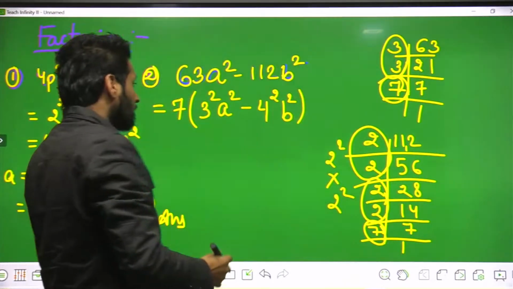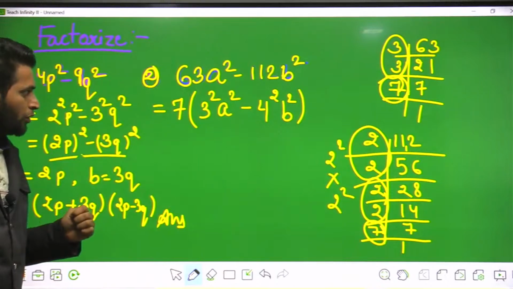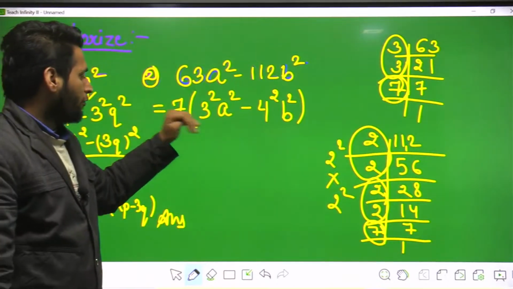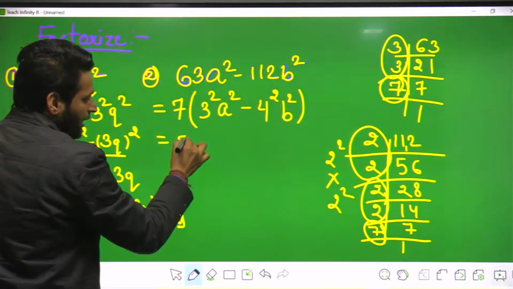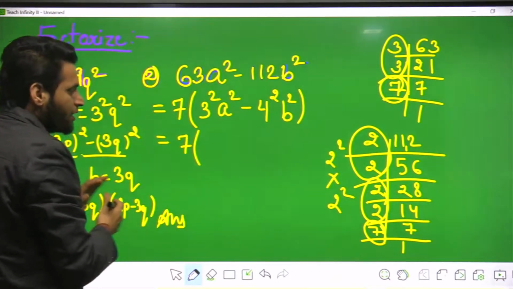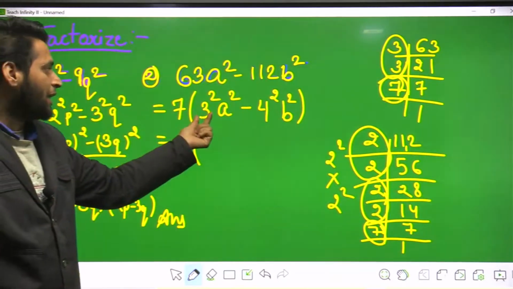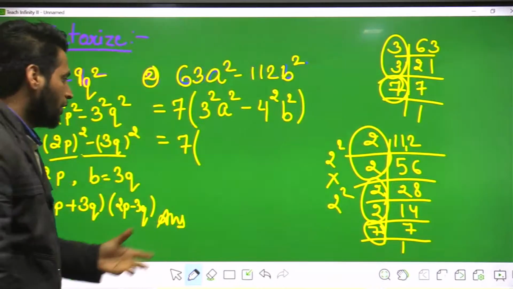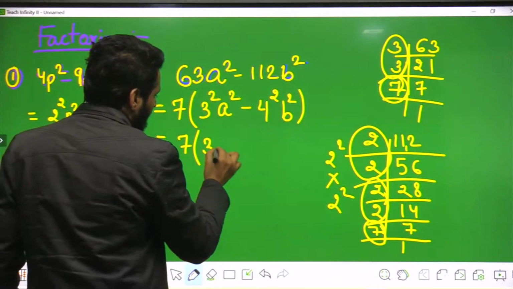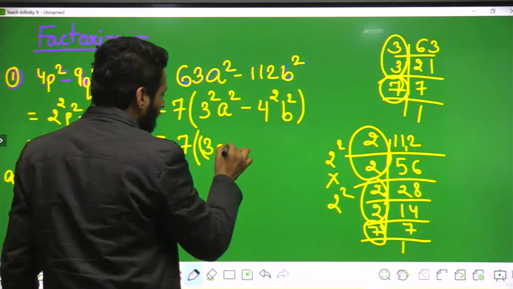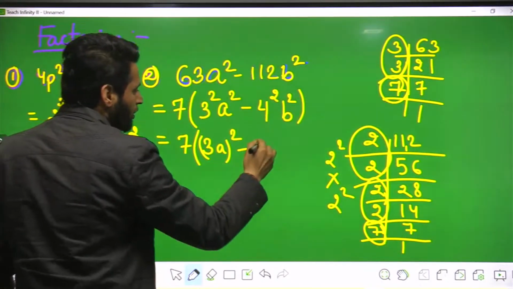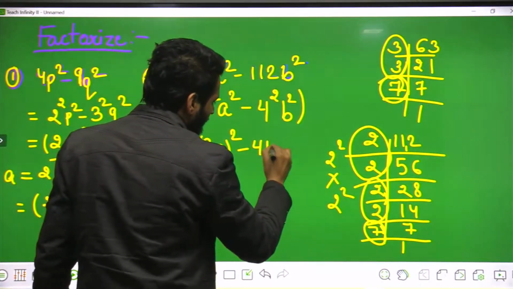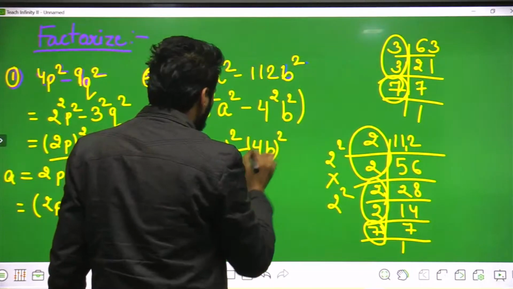Now we can write it in the form of a square. First of all we write 7 as it is, then you can see it is 3a whole square minus 4b whole square.